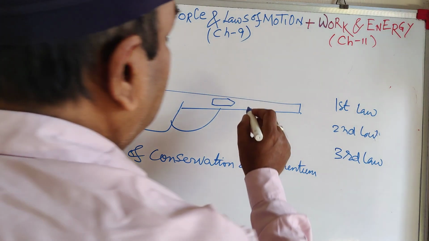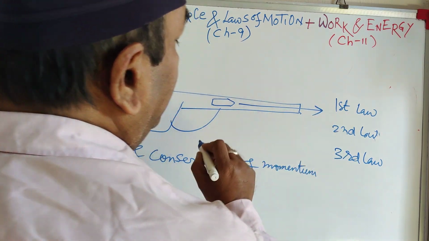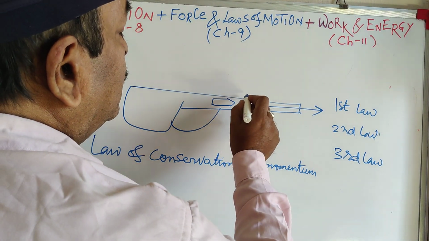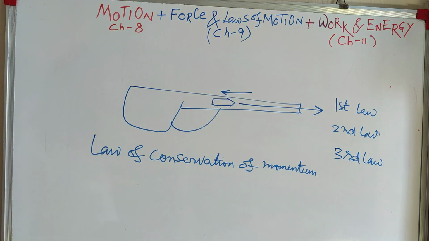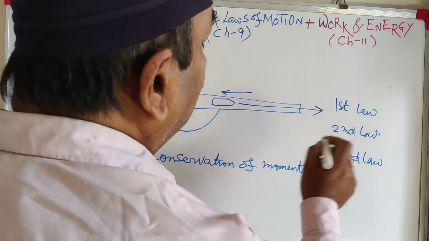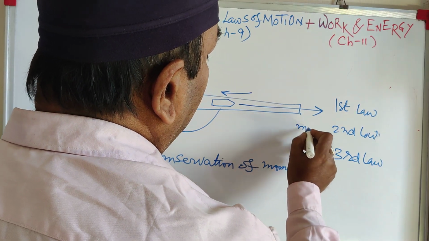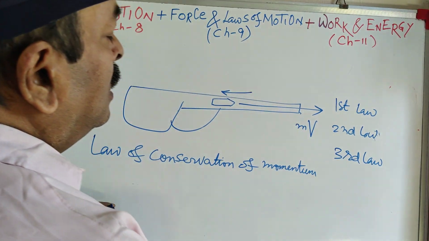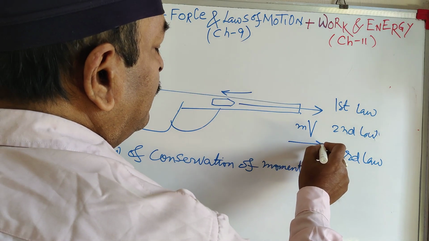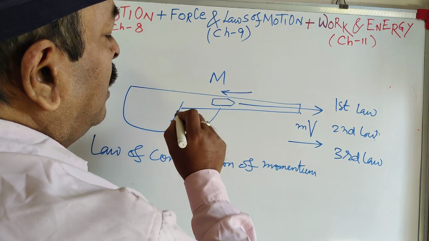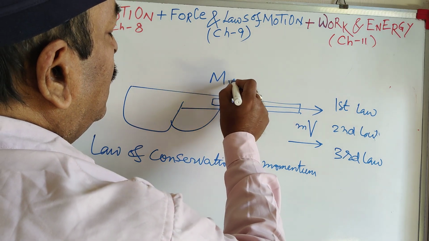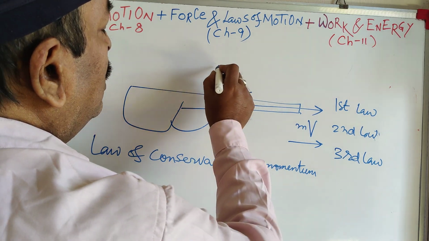When a bullet is going at very high speed, it gives a reaction to the rifle. So if the bullet moves with a very small mass and high velocity v in this direction, and here the mass is very high and the velocity is very small, this will be in the opposite direction.